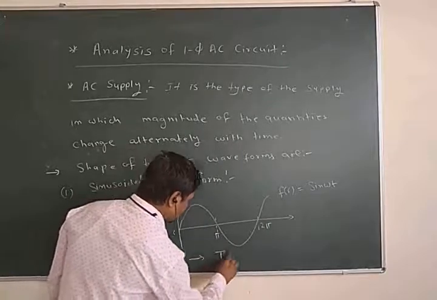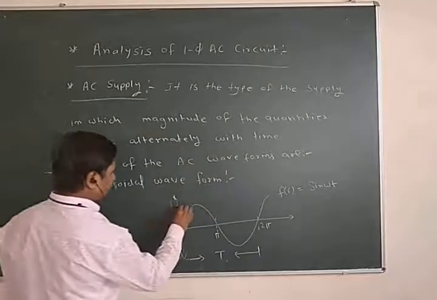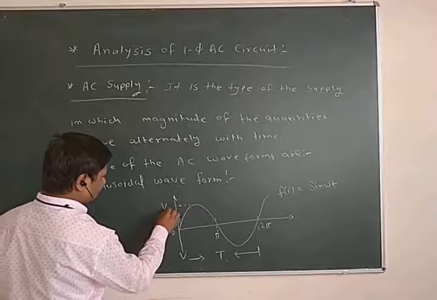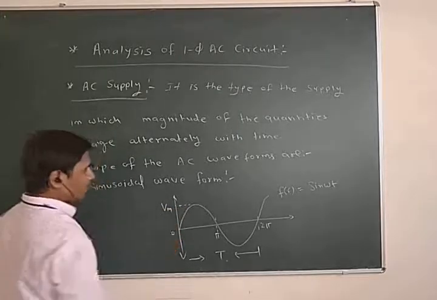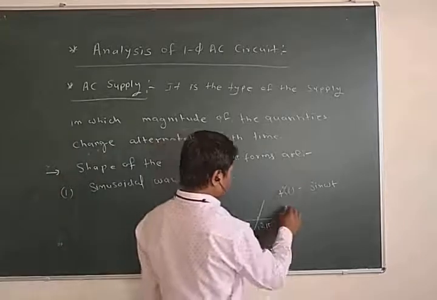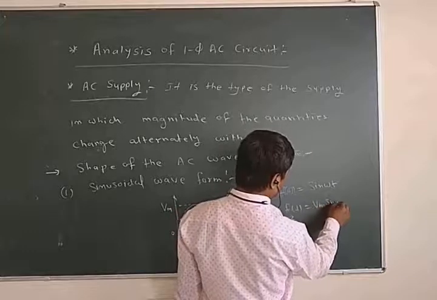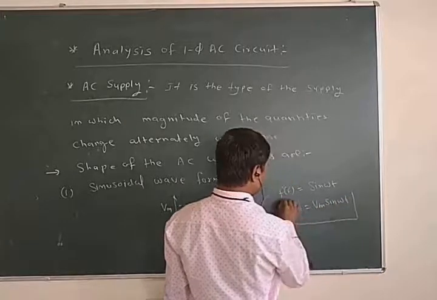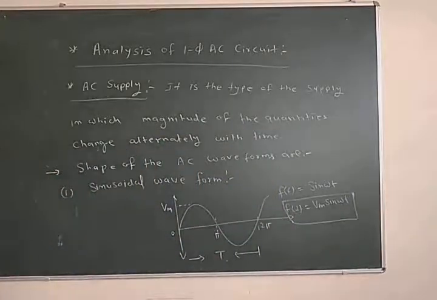This is the total time of one cycle, and this is the magnitude of the supply. If we take voltage wave, then its maximum value is Vm, and function becomes f(t) equal to Vm sin omega t, because the value of the function changes alternately.